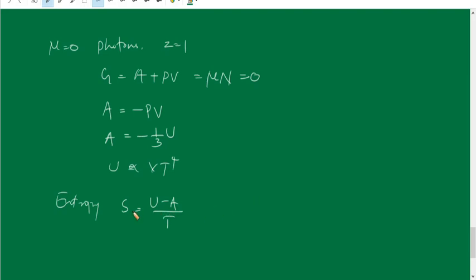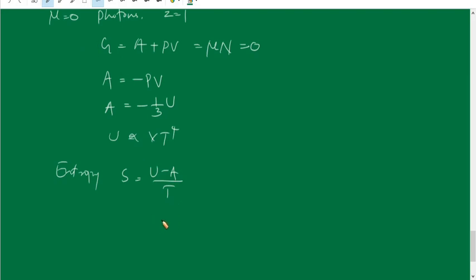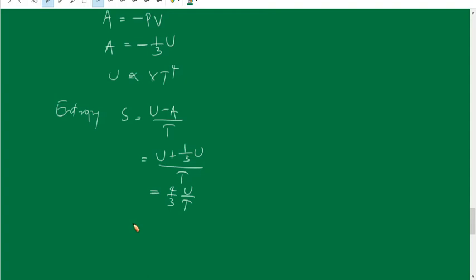So S is equal to U minus A by T. So U minus A is U plus one third of U, since A is minus 1 by 3 U, divided by T. This is equal to 4 by 3 U divided by T. Okay. So S equals 4 by 3 U divided by T.